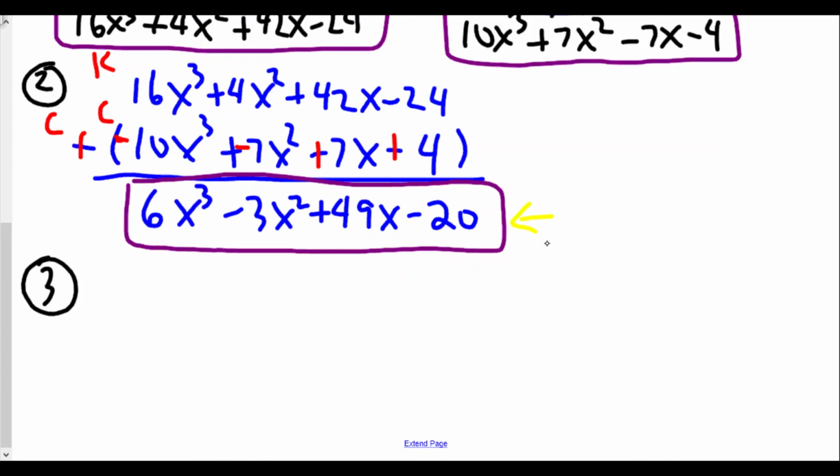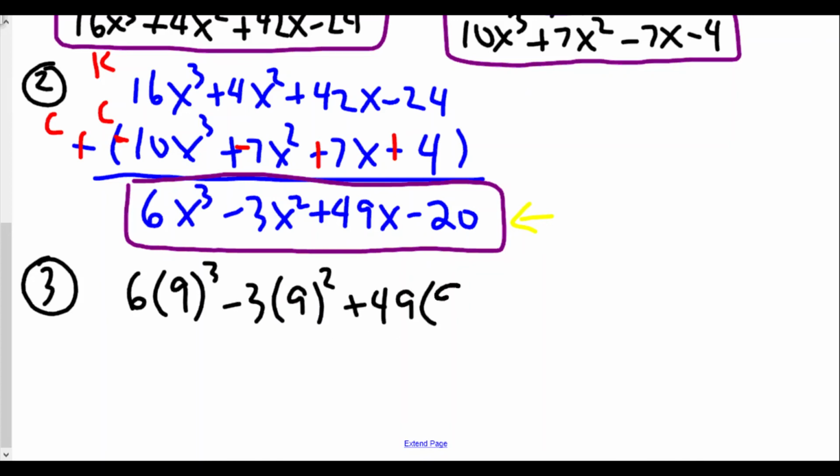So what will we get? Well, let's see now. We get 6 times 9 to the third minus 3 times 9 squared plus 49 times 9 minus 20. Now, sometimes students ask, do I need to write all that out? Well, if you use a calculator, I want to know what you put in your calculator. So technically this is part of your work.